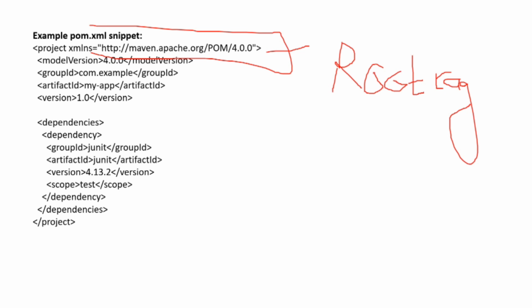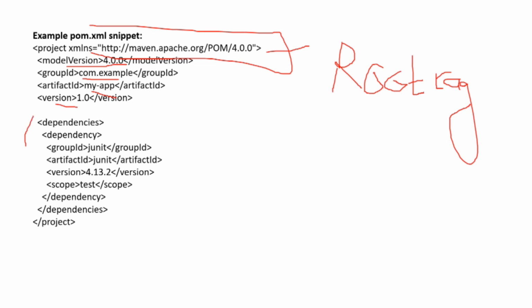Here you write the model version and the group ID, com.example, because Maven uses the reverse of example.com, so that's why we don't use org.example. And this is the artifact ID, Maven app, and the version.